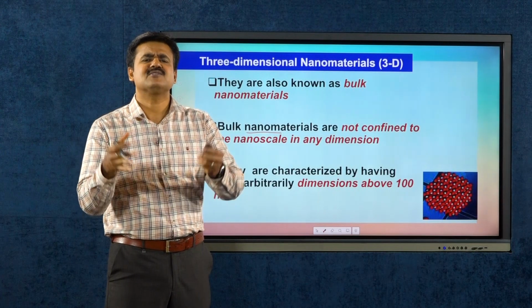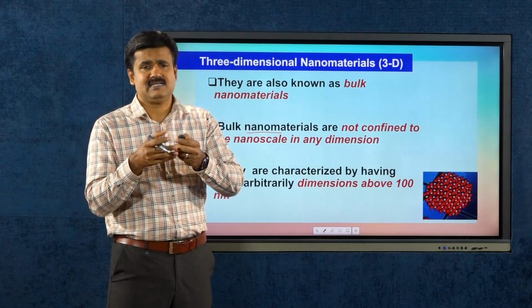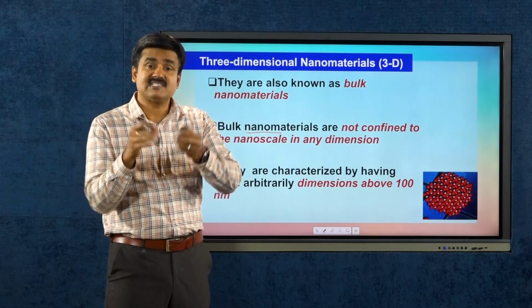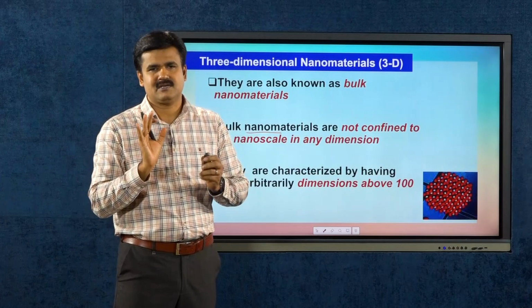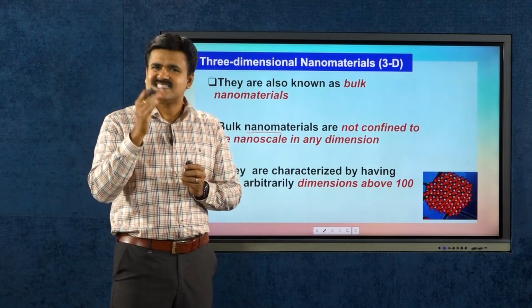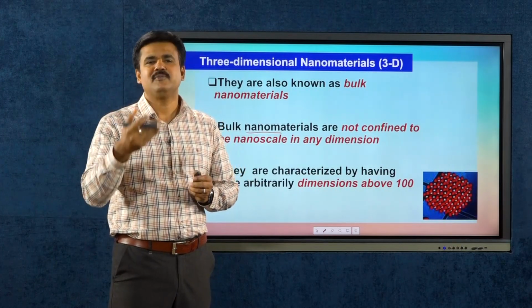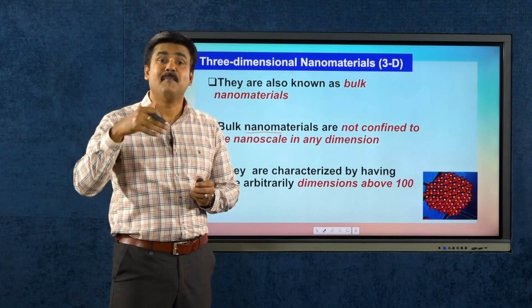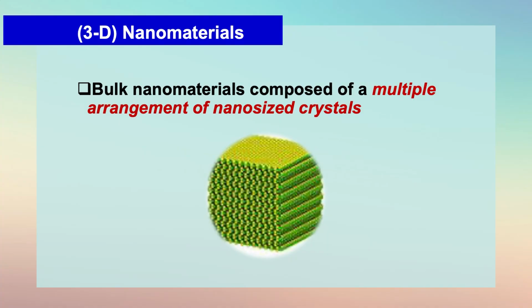This happens because of the assembling of the nanomaterials. They are still nanoparticles, but they are assembled together. So, this is the difference between a 3D nanomaterial and a 3D bulk material. 3D nanomaterials are composed of a multiple arrangement of nano-sized crystals.